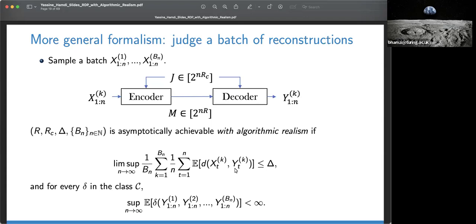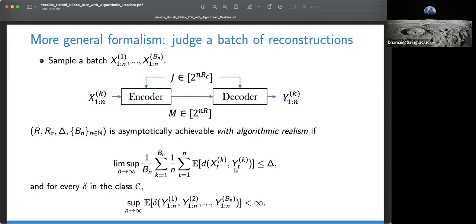And to talk about now the performance of this compression scheme, we look at these samples and we look at the following things. Again, distortion. So it's actually the same expression, except that we average now over k, so we average over the batch of samples. So we look at X1, Y1, then X2, Y2, etc. So this is not very new.